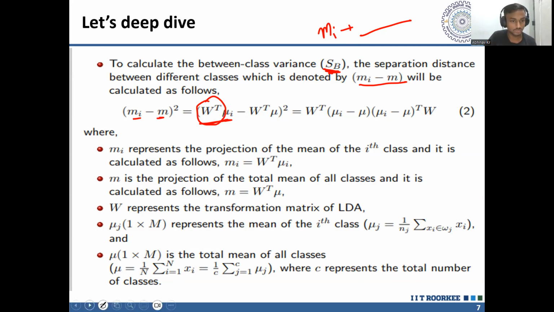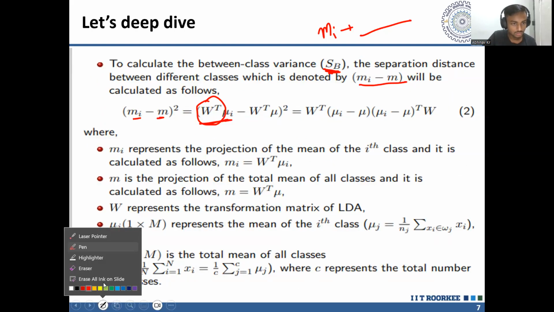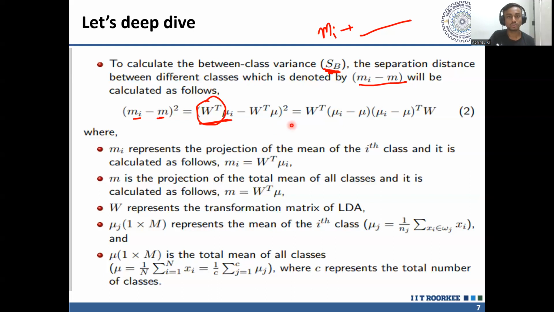So this equation, following some matrix calculation, becomes W transpose into mu i minus mu into mu i minus mu transpose W. So this is your SB matrix: W transpose, mu i minus mu, into mu i minus mu transpose, into W.